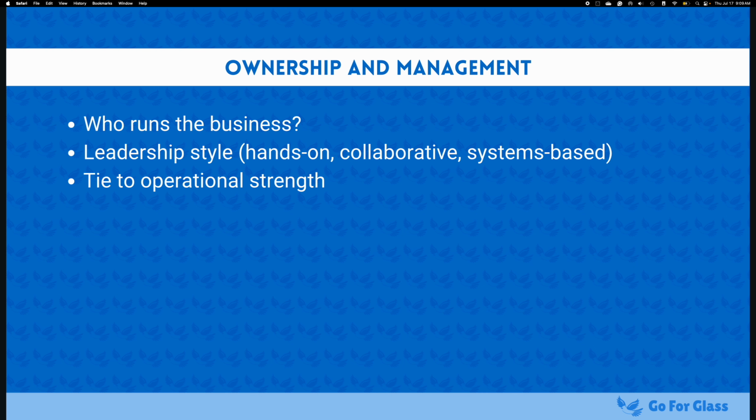So if you're a small business, you may not have a large team and you want to talk about that. Or if you're a super, super large business, maybe you talk about how many different branches you have. Try to keep the quantitative factoids pretty low because ownership and management, you're trying to tie this to the actual day-to-day, how it runs, how it works.